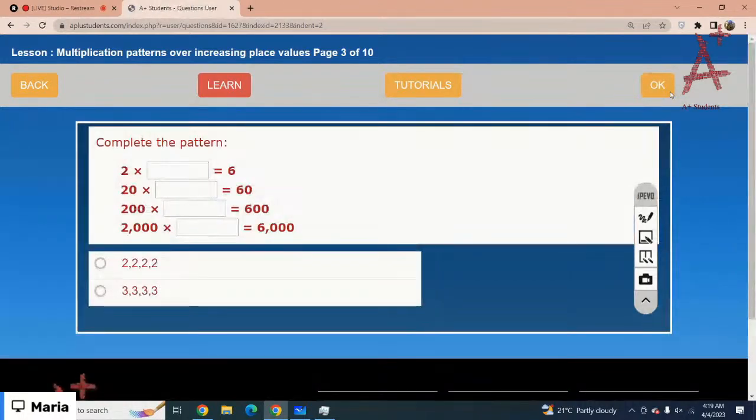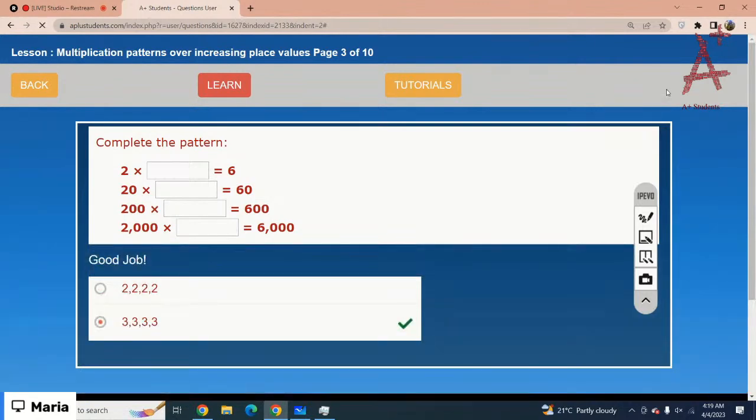Okay, look at the pattern. 2 times what number is 6? Yes, that would be option number 2. 2 times 3 is 6. 20 times 3 is 60. 200 times 3 is 600 and 2000 times 3 is 6000.